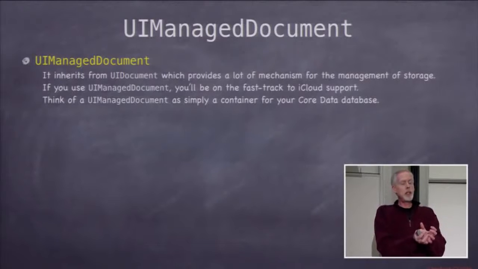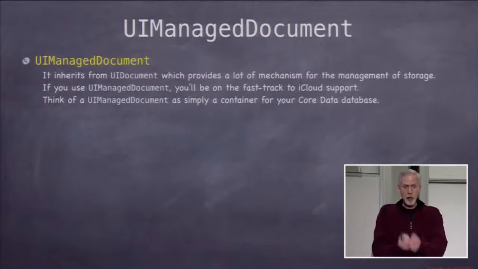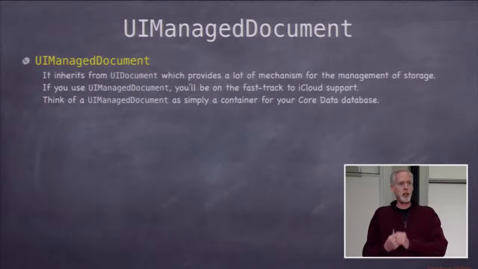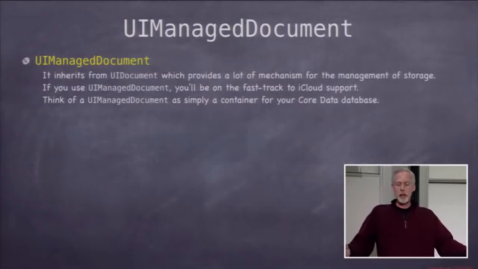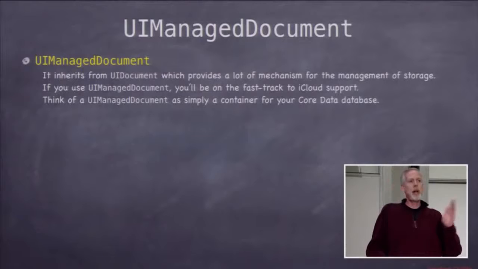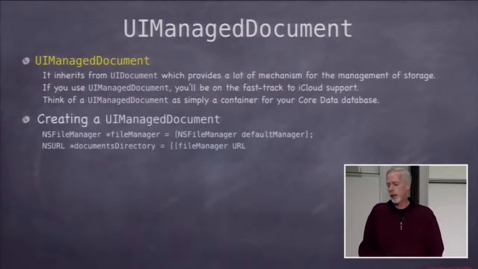And all you ever really do is open or create a UIManagedDocument, and then grab its managed object context, and then use it to do your database. That's it. Okay? So that's what we're going to talk about, how to open or create a UIManagedDocument and then get its managed object context. Then we'll dive back into, now that we have a context, how do we do Core Data.